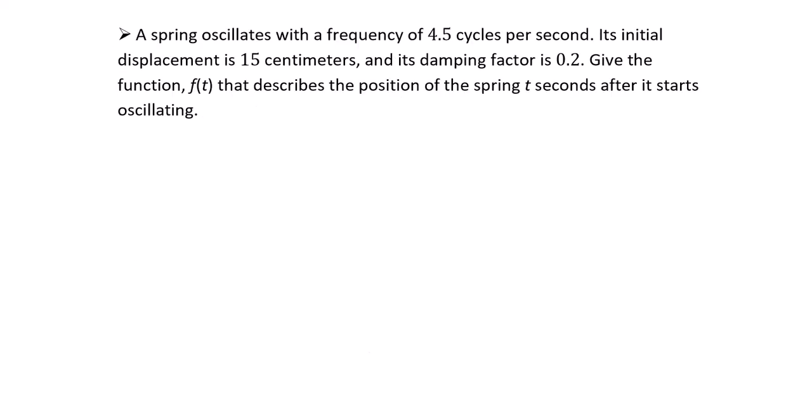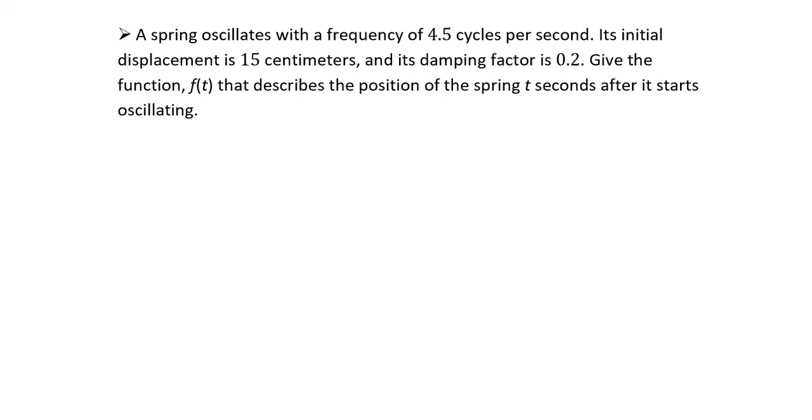A spring oscillates with a frequency of 4.5 cycles per second. Its initial displacement is 15 centimeters and its damping factor is 0.2. Give the function f of t that describes the position of the spring t seconds after it starts oscillating.